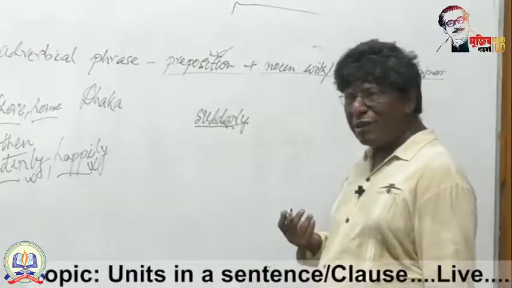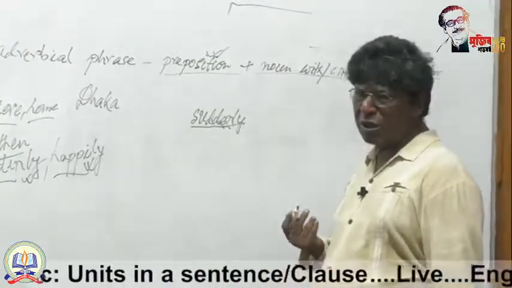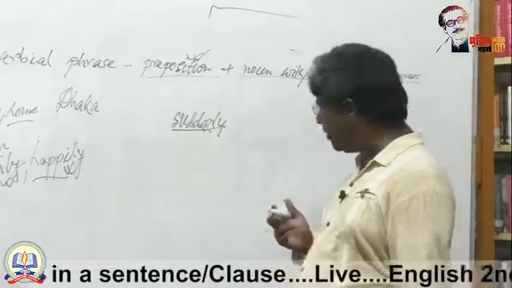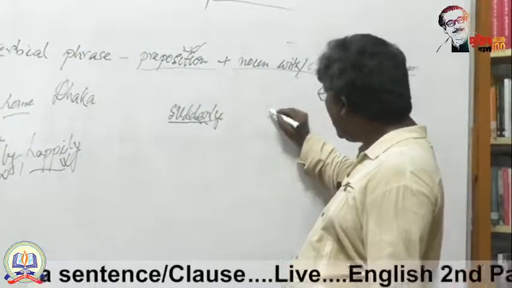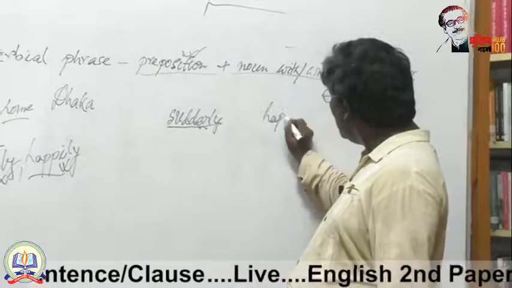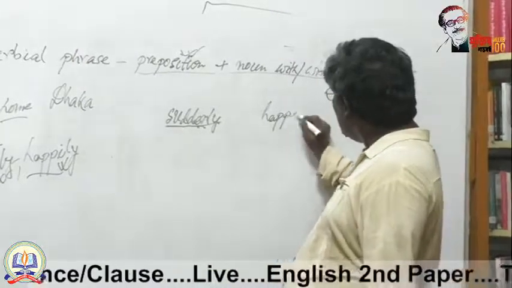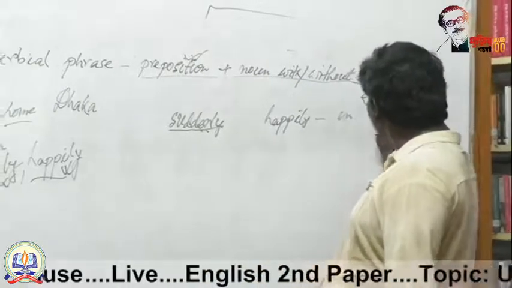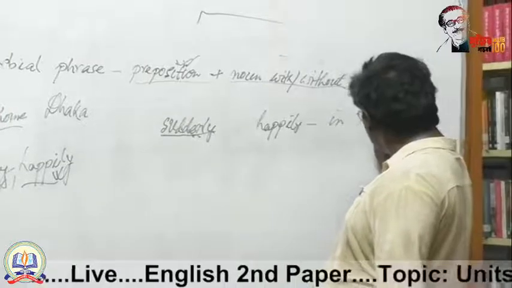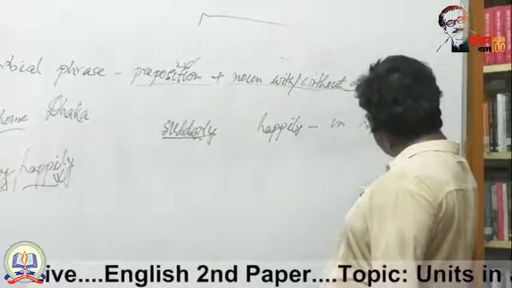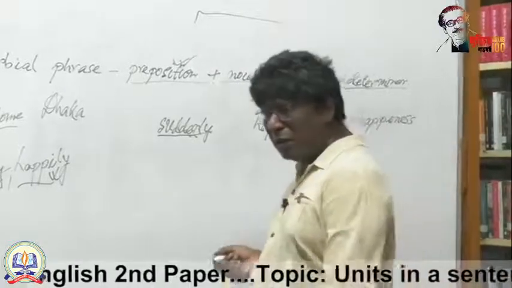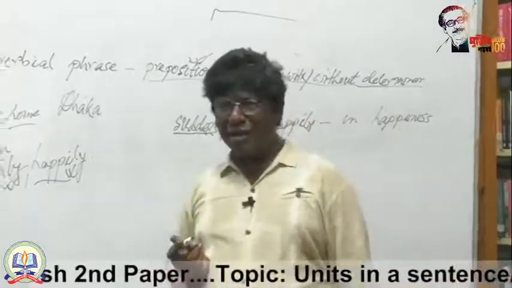That is, an ly with an adjective can make the adjective an adverb. Similarly, happily means in happiness. He lives in happiness and he lives happily make the same ideas.